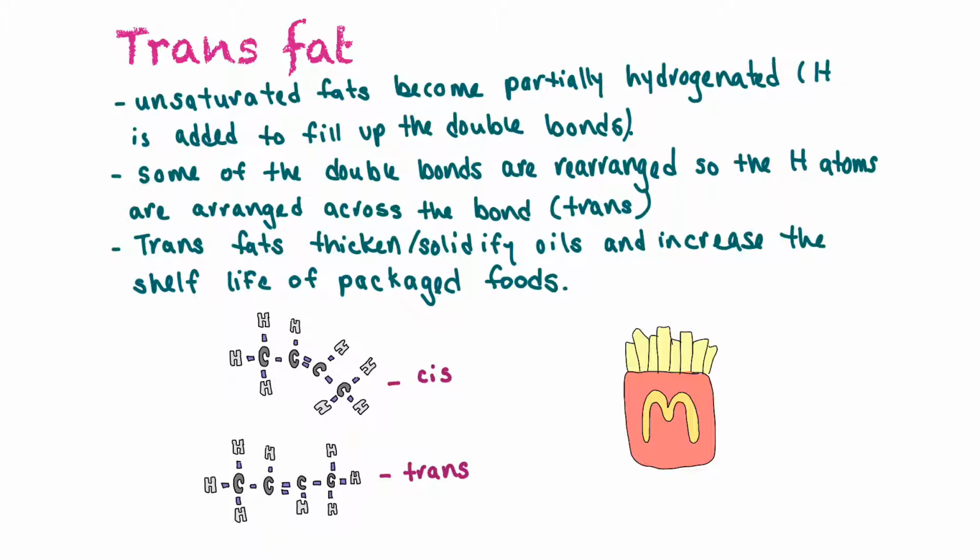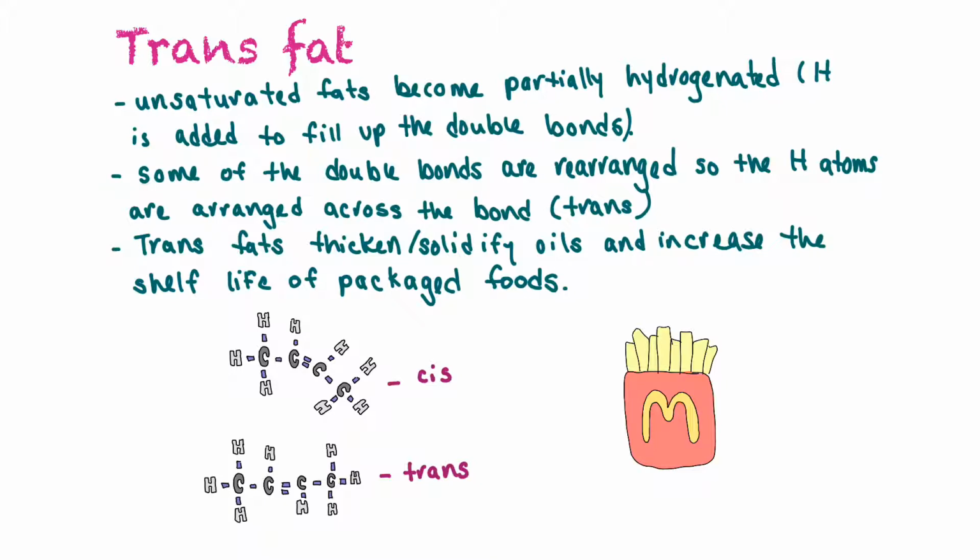Trans fats were created by lab scientists thinking that they were creating a healthy alternative to saturated fats and butter. So margarine was one of the first trans fats used. And unfortunately, we'll talk about some of those problems, but trans fats weren't the miracle food that scientists thought they were inventing.